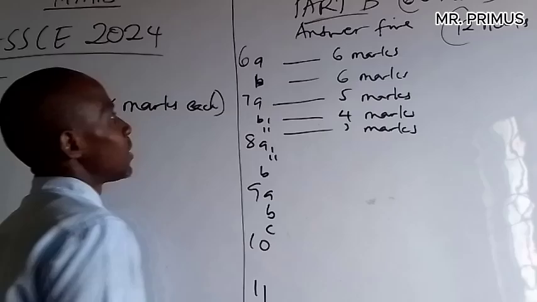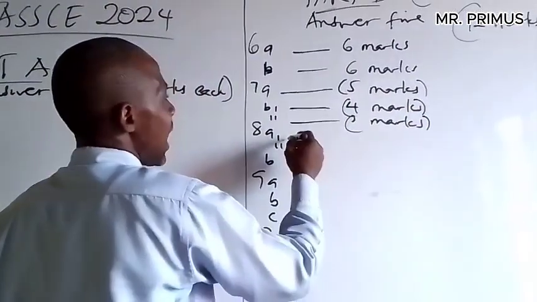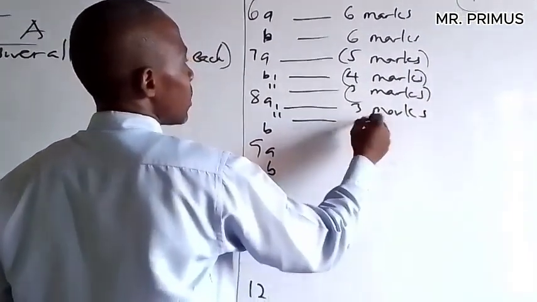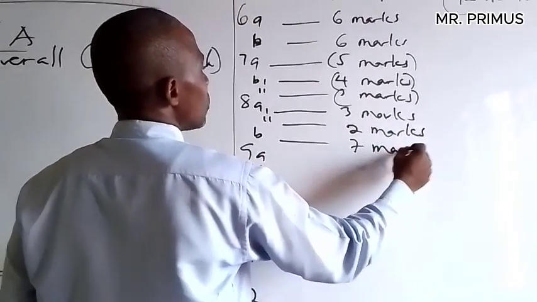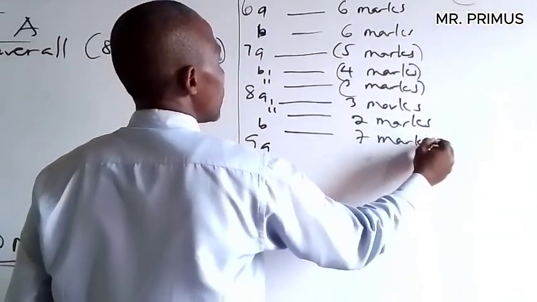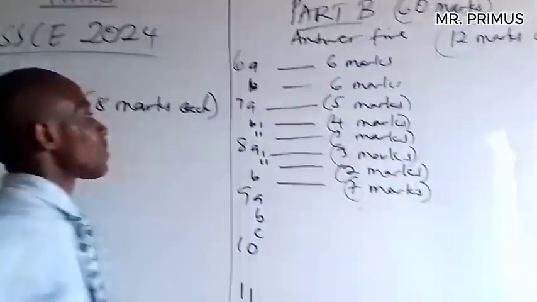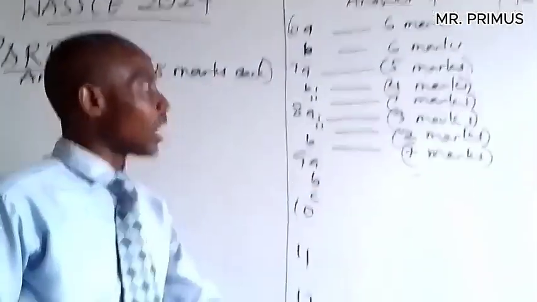Let me give you another one: A i maybe 3 marks, 3 marks, 2 marks, then this one 7 marks. This is an example, not that it comes exactly like this.